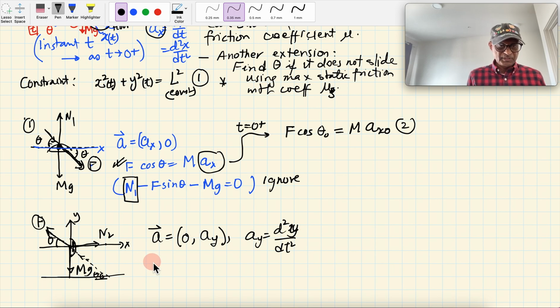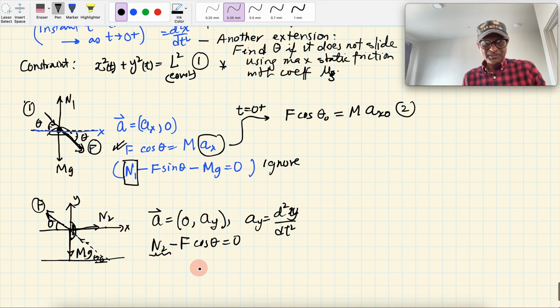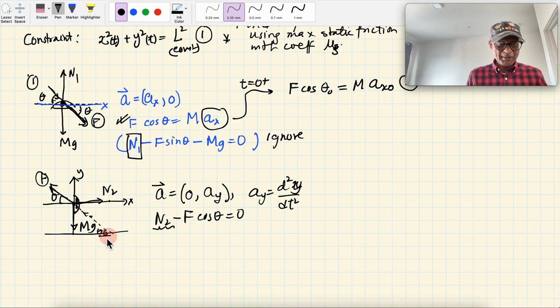Now write the equation along, say, the x-axis. Along the x-axis, n2, and there's nothing from here, minus f cosine theta equals 0. So this introduces another unknown, probably no use, doesn't help us solve the problem.